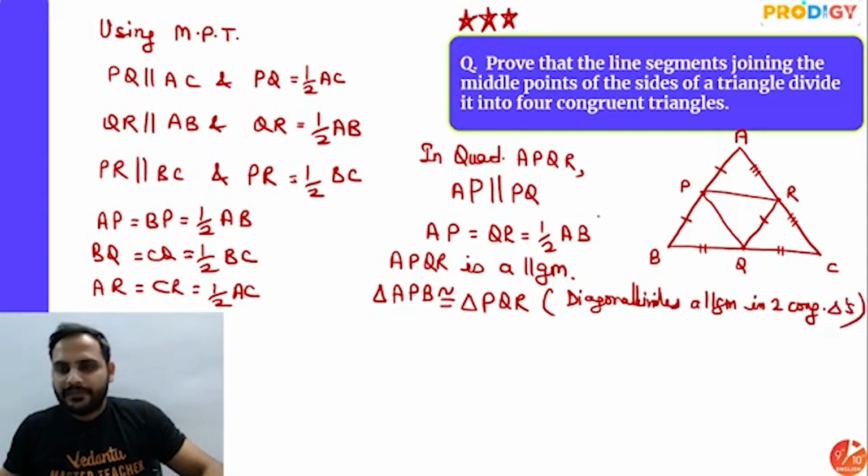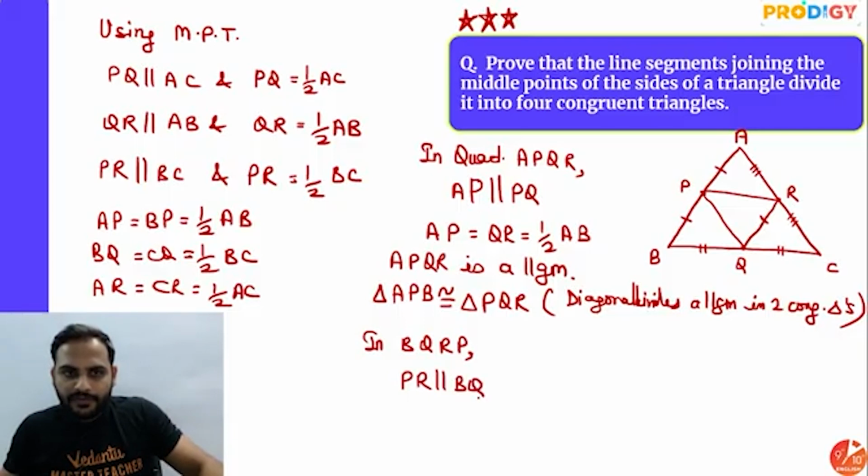All right. Now similarly, since we have got that this APQR is a parallelogram, same way if I talk about quadrilateral BQRP, in BQRP, first thing, I can say BQ is parallel to PR, because PR is parallel to BC, and I can say BQ is equal to PR because both are half of BC.